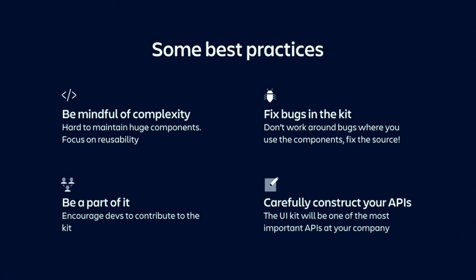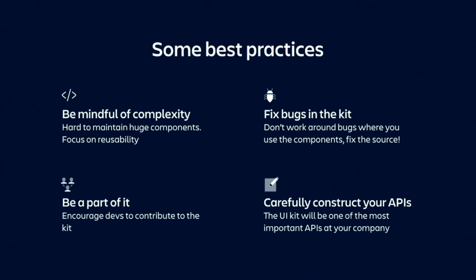Some best practices: be mindful of which components should be part of your UI kit. It's better to focus first on lightweight reusable components and don't add overly complicated components with too much business logic in there because it can be very difficult to maintain that. And encourage people to fix bugs in the kit, not do workarounds in your code.